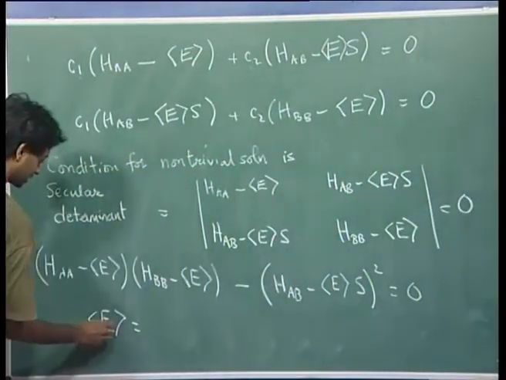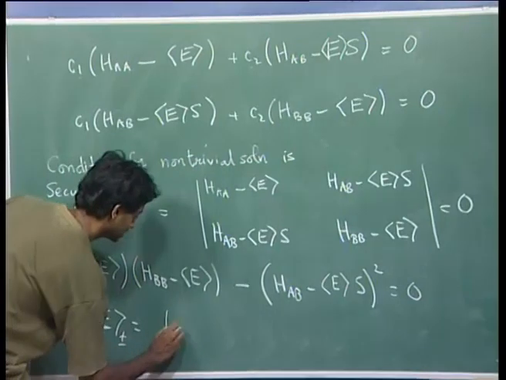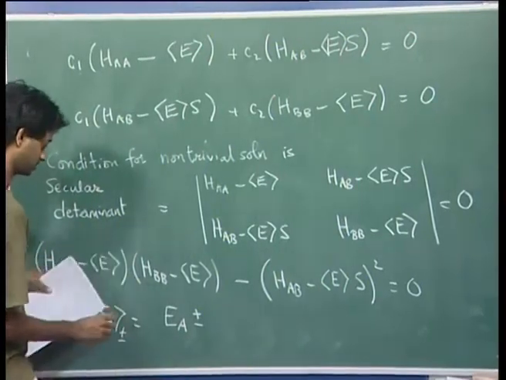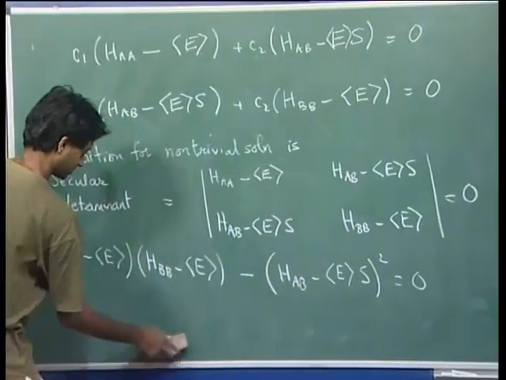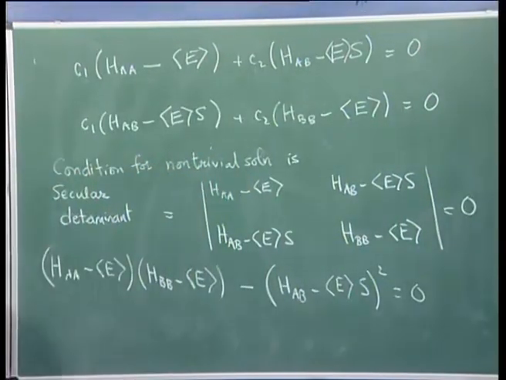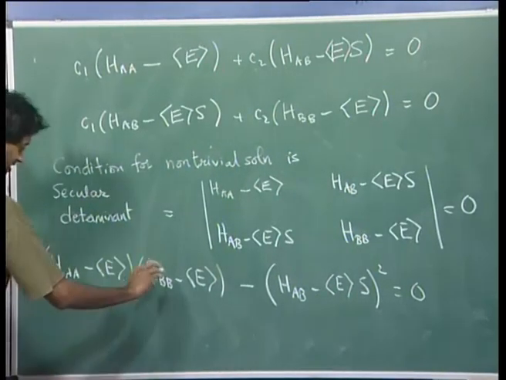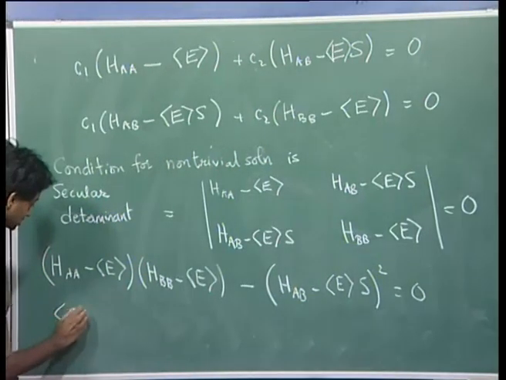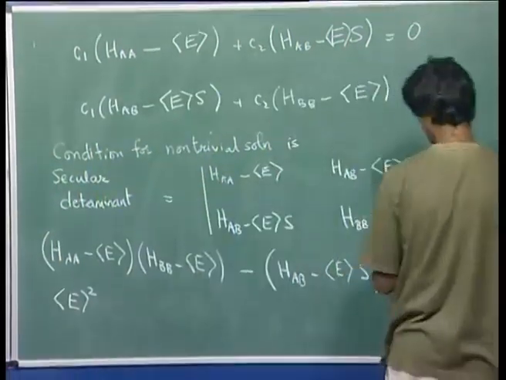The two solutions are E plus and E minus, and they are related in this way. So, this is EA plus or minus. Okay, so let's work this out. If you take this, you will get E square, and from here you have E square S square.